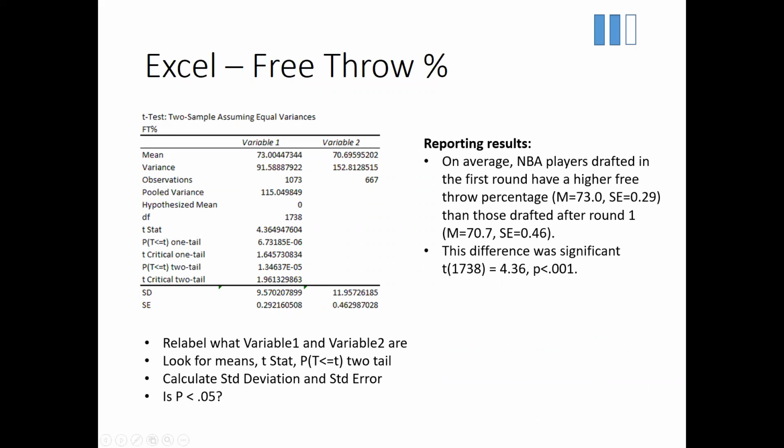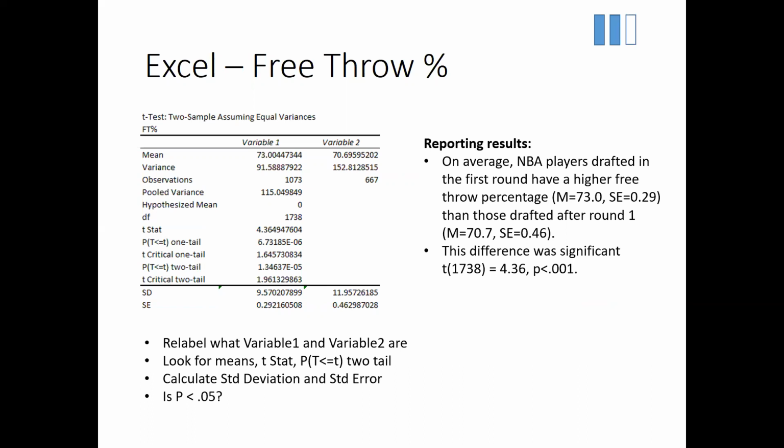Kara? I'm sure you addressed this. Why two-tail instead of one-tail? Because it could go either direction. When we talk about tails, if we were doing research and saying, I hypothesize that the first round draft picks would have a higher percent free throw shooting, then I would use a one-tail test because I'm hypothesizing it's moving in one direction, okay?